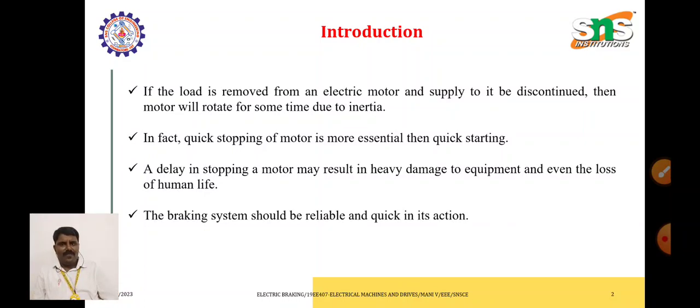So we feel that if we continue at this speed, definitely the accident may occur. So as an immediate reaction, we have to apply the braking. Now I see that particular person, so the braking is applied 20 meters or it may be 30 meters before, or some distance. I applied the brake.